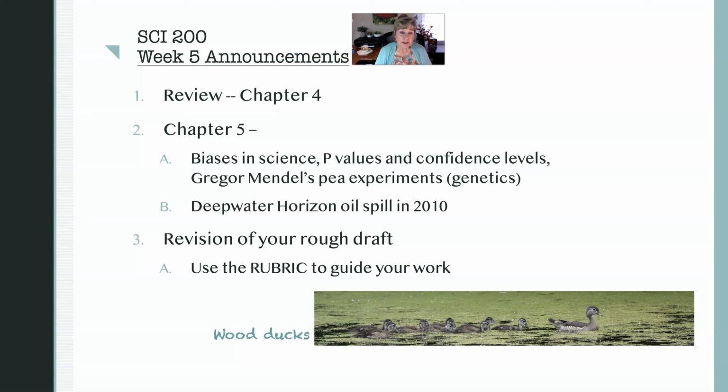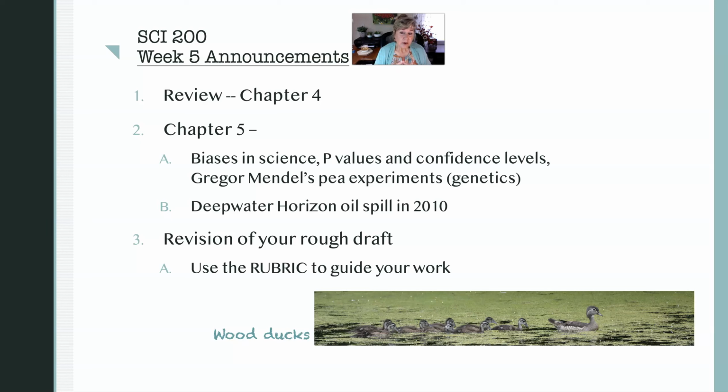You also get a glimpse at a really elegant set of experiments that Gregor Mendel did back in the 1800s with his pea plants. He was a monk in a monastery, and he grew peas. And he was interested in how the traits in the pea plants were passed along into the next generation.